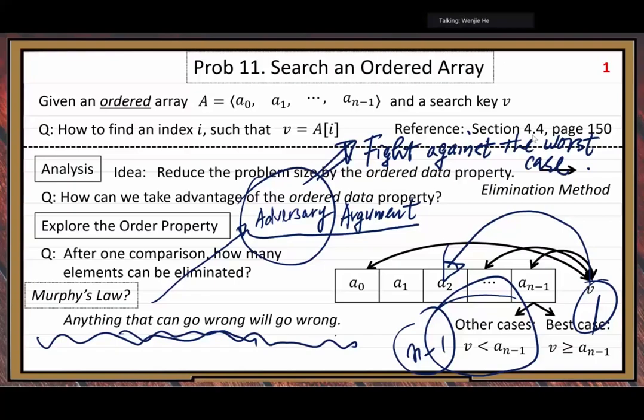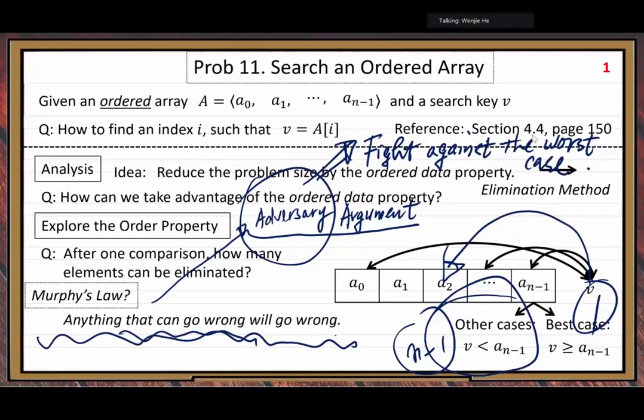How about this understanding? Two almost equal cases. The adversary can pick either one, but either one won't make much difference, right? So that's our best strategy to fight against the adversary. Try to understand.